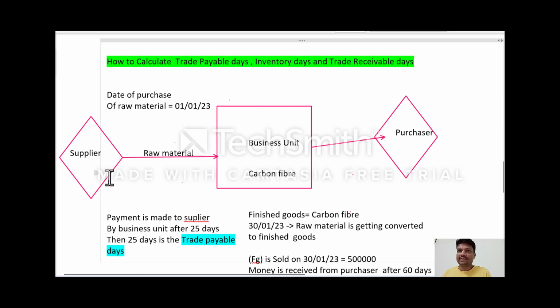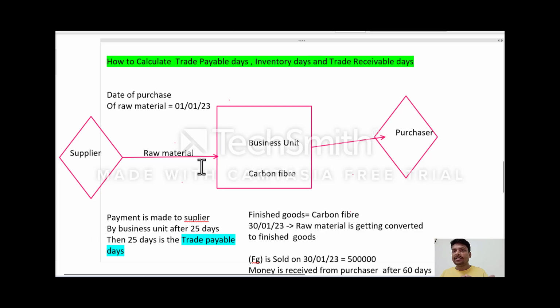Let's assume that in this example the business unit repays for that raw material after 25 days. So this 25 days is the trade payable days. When it purchases the raw material on 1st January 2023, on 25th January the business unit repays the supplier.